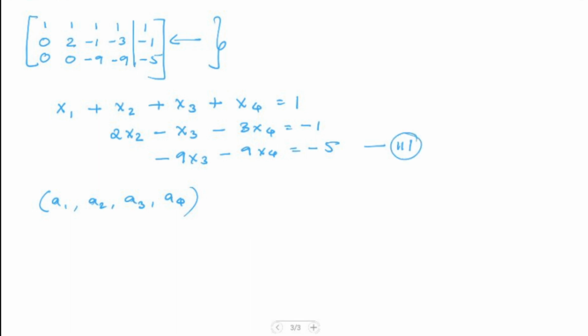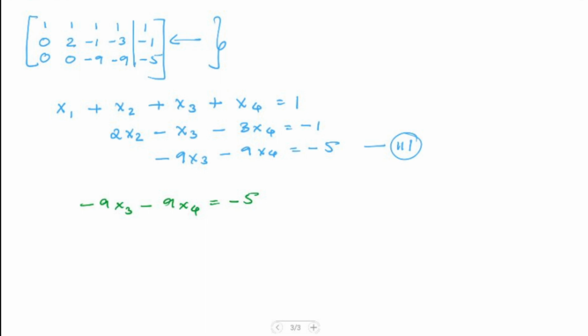Let me write it down. The equation minus 9x3 minus 9x4 is equal to minus 5.